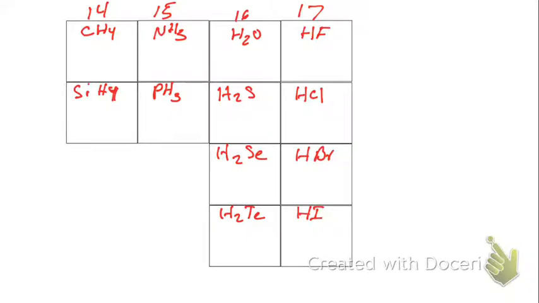Okay, so the acid strength going down a group should increase.